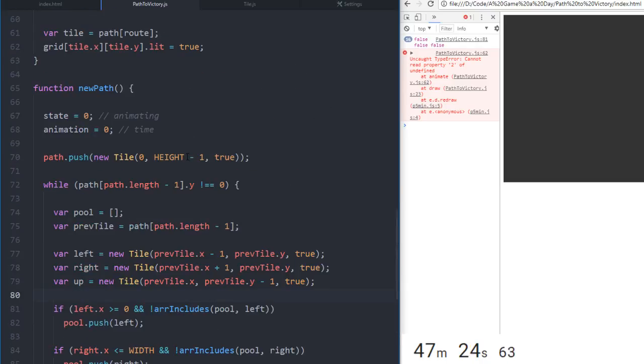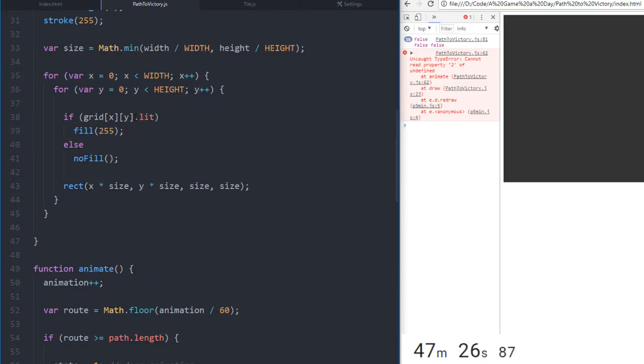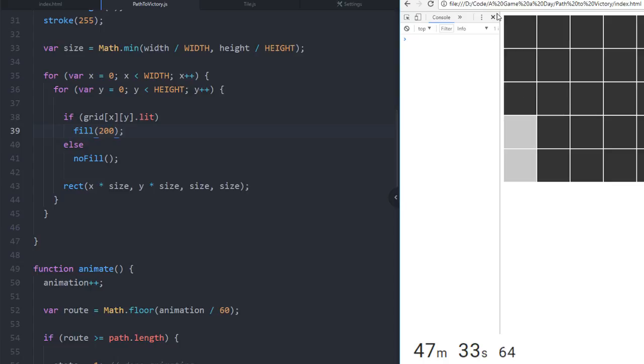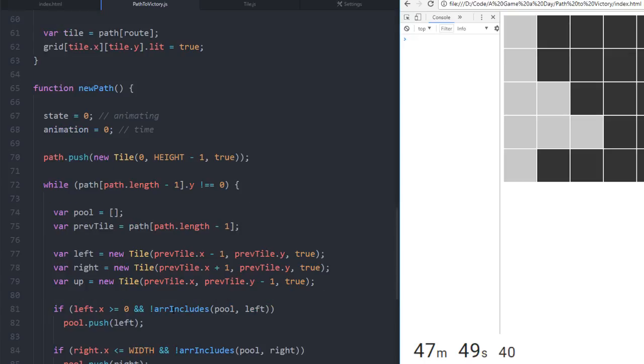Let's go to the color one real quick. Wherever the fill is, 200. And it goes to the left. We're still having the same problem. If pool includes left, push left.